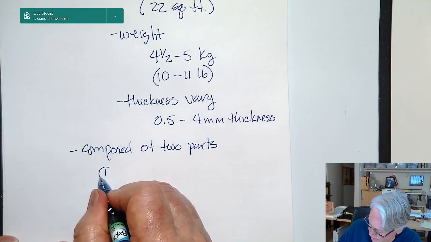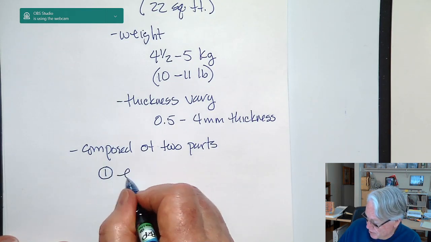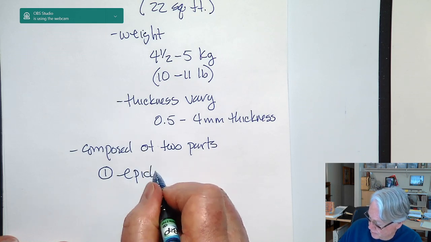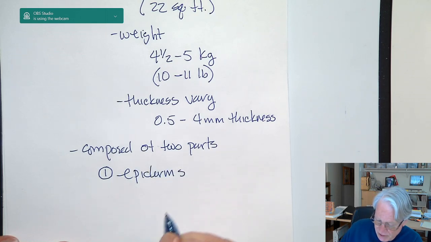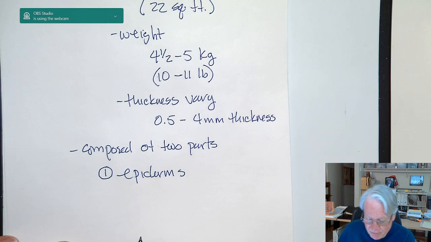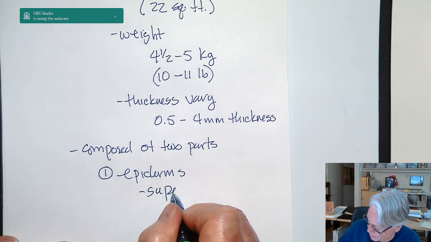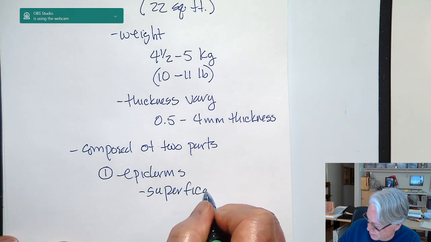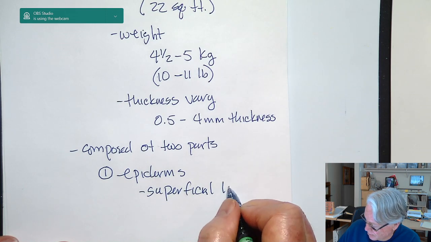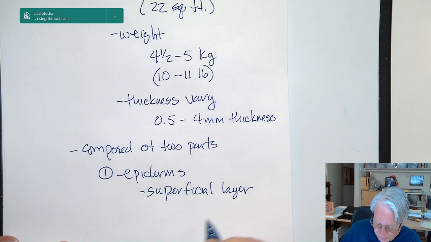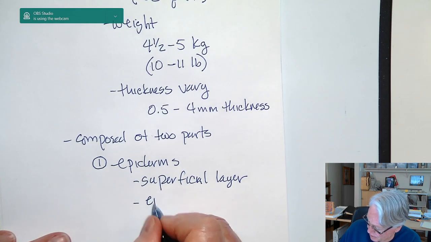One is the epidermis. And the epidermis is the superficial layer and it is epithelial tissue.